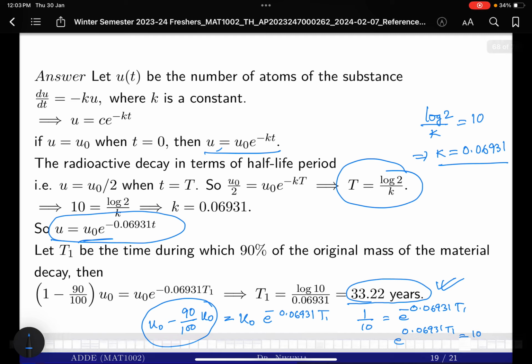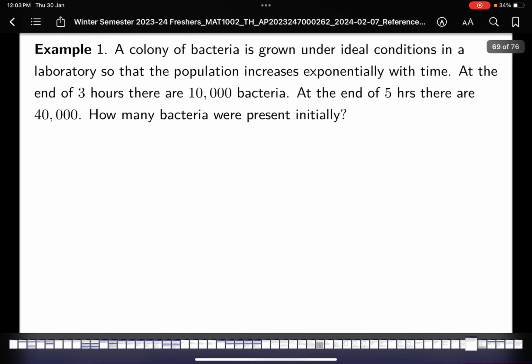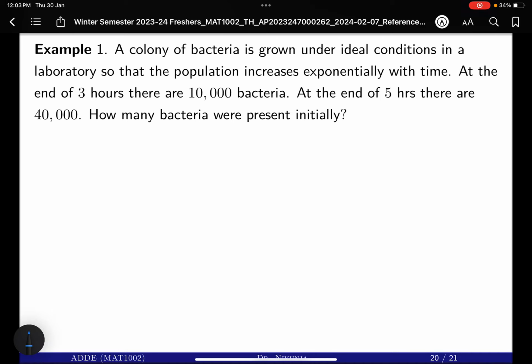So likewise we solve the question from radioactive decay. Another question: a colony of bacteria is grown under ideal conditions in a laboratory so that the population increases exponentially with time. At the end of 3 hours there are 10,000 bacteria.